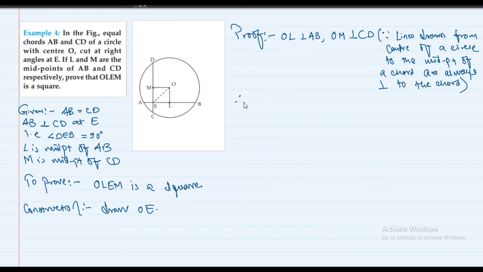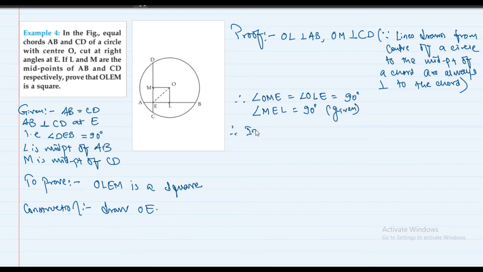Okay, so therefore we can say that angle OME is equal to angle OLE is equal to 90 degrees. Now it is already given that angle DEB or angle MEL is equal to 90 degrees.